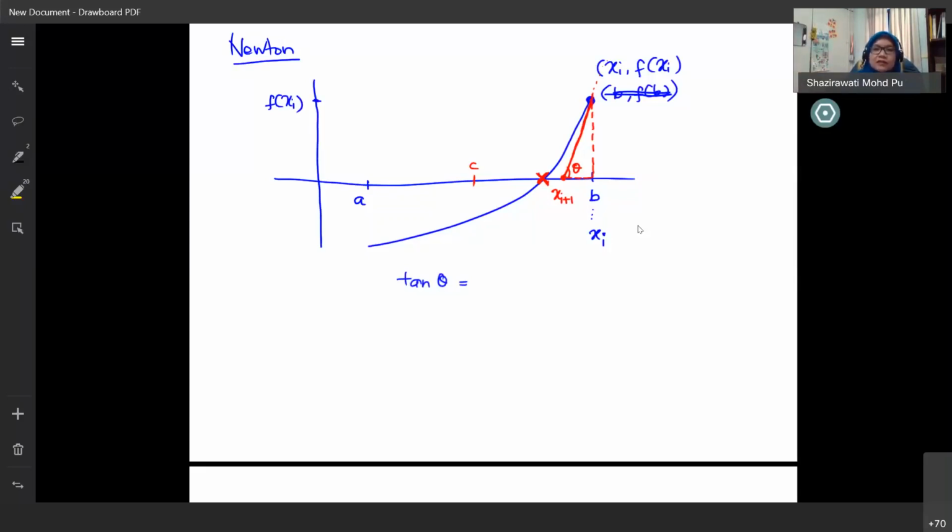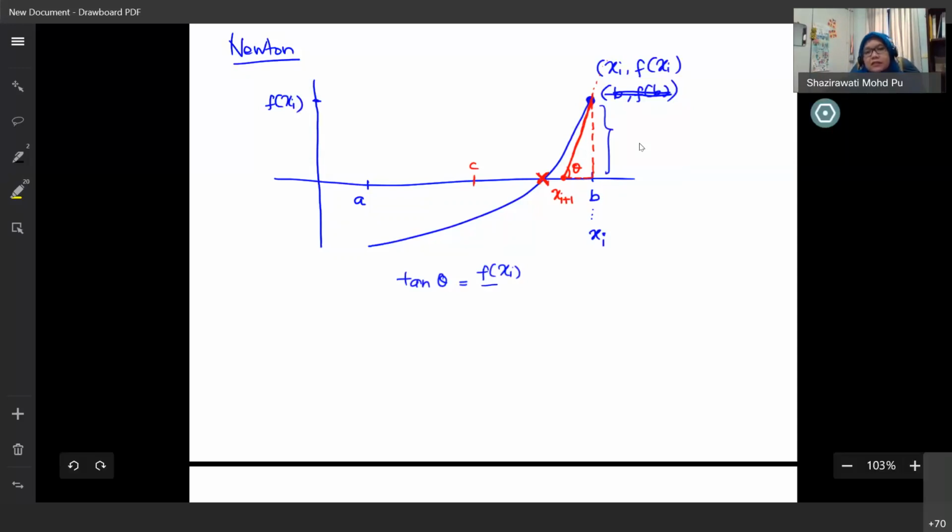You can see the opposite length here is f(xi). Agree? Well, it is actually f(xi) minus 0, because the length here is f(xi) minus 0, so we can write it as f(xi) only.